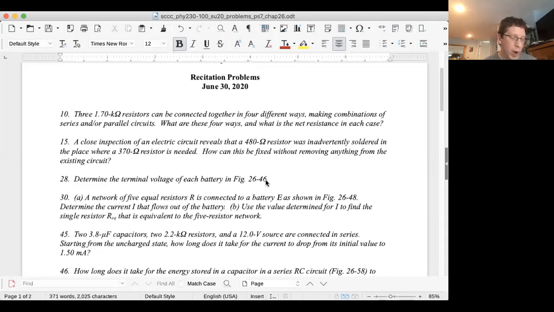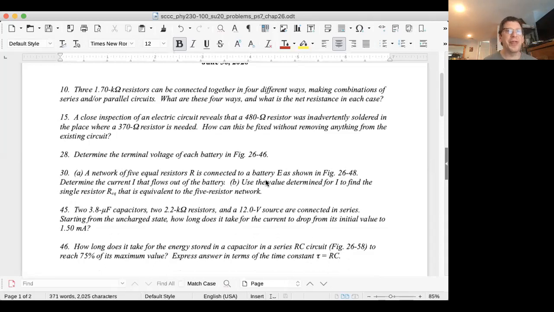So for one of the batteries, the current will be going into the positive end and out the negative end. And so you need to figure out the current in which direction it's going. And so the terminal voltage in that case will actually be larger than the output voltage of the battery. And in some cases that'll happen, but this is one where you should think about it carefully.